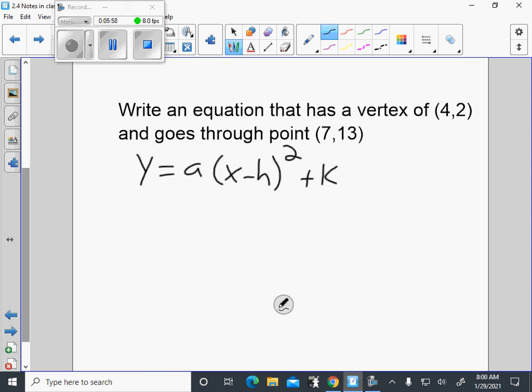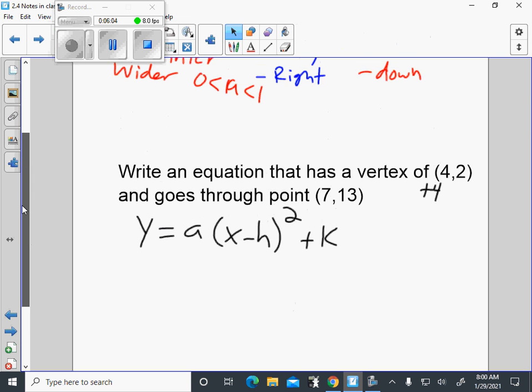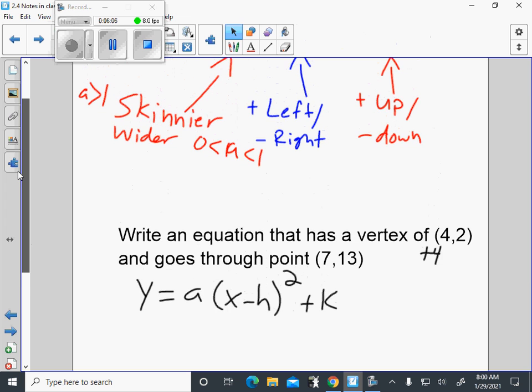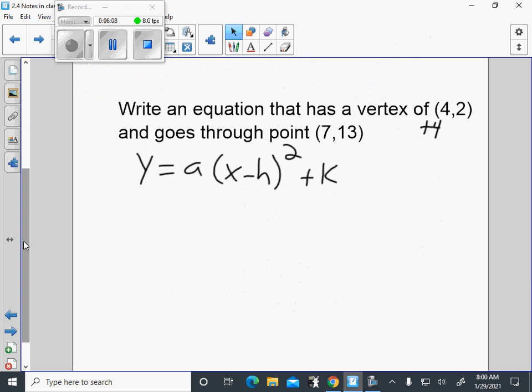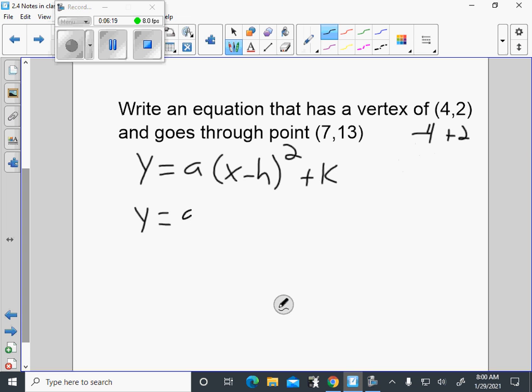We have plus 4, so that's positive 4. Sorry, we need minus 4 in our h, right? To go right, we need minus 4, and plus 2, we need a plus 2. So we need y equals a times x minus 4 squared plus 2.